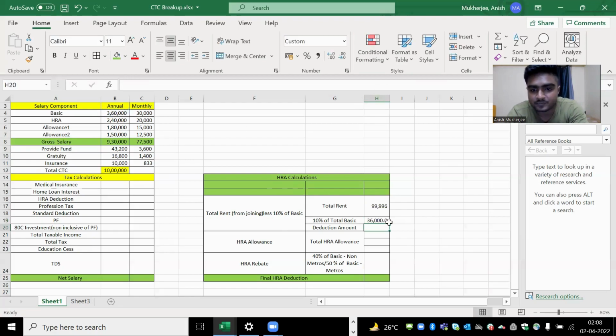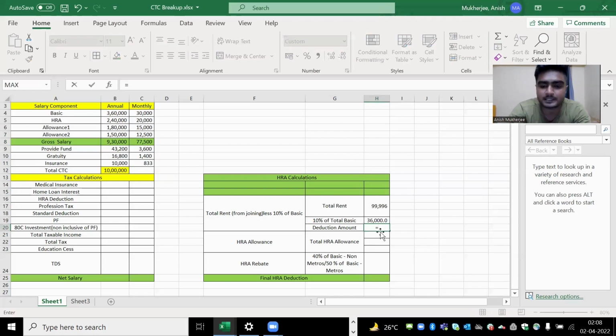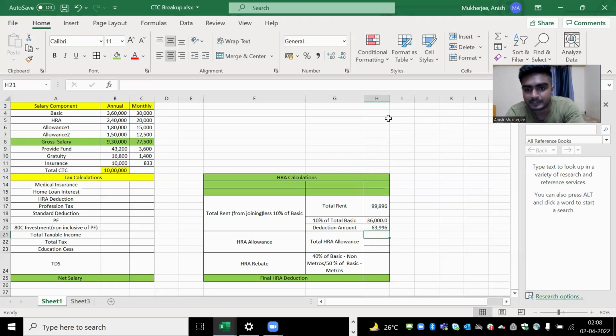Now the deduction amount will be my total rent minus 10% of the total basic. That is step 1, the deduction amount.